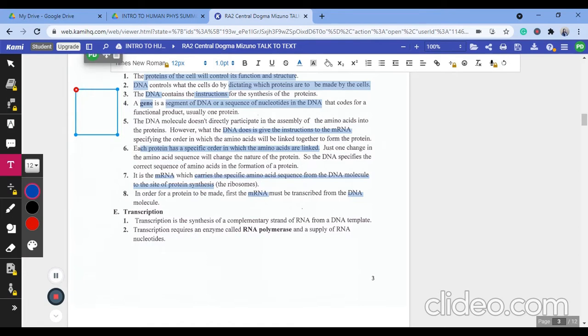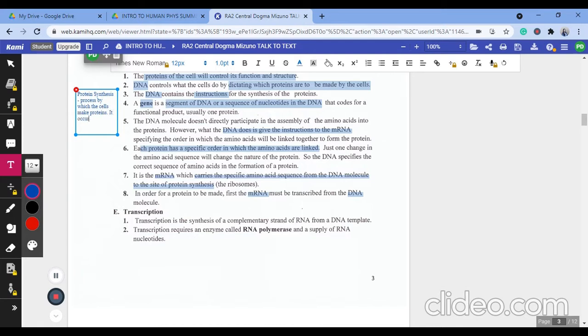Okay, so protein synthesis in summary is the process by which cells make proteins.